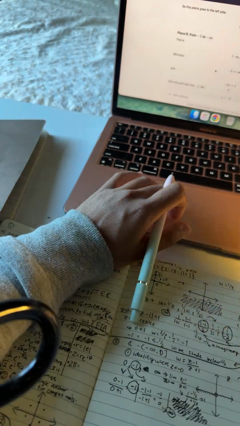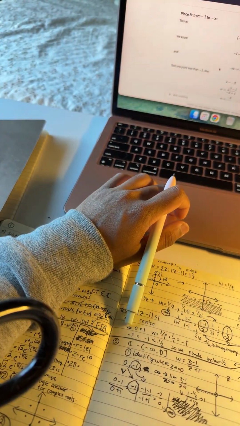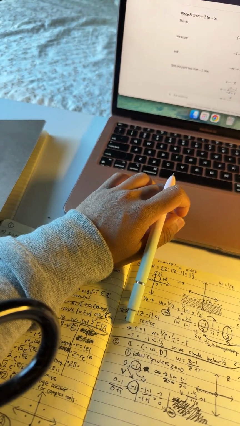Hold on. Where is this one coming from? Why are they putting these two? -1 to infinity. What are we plugging in? -2?